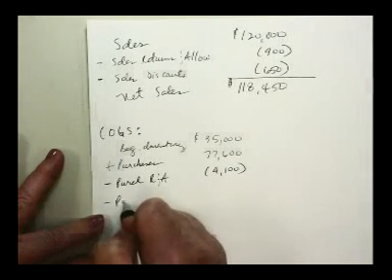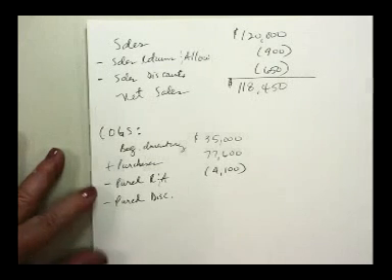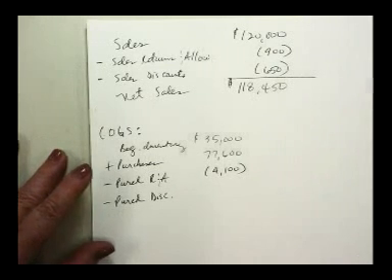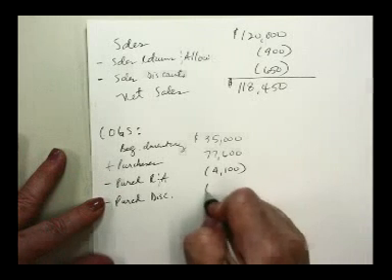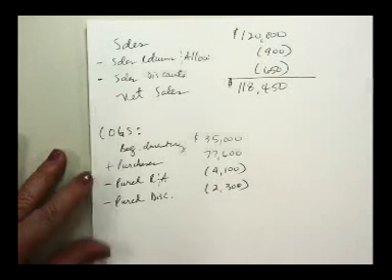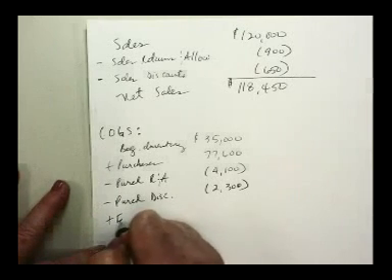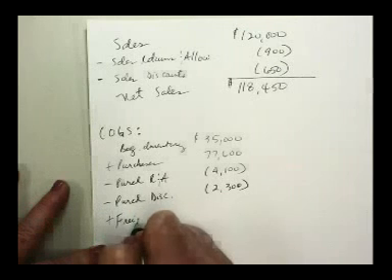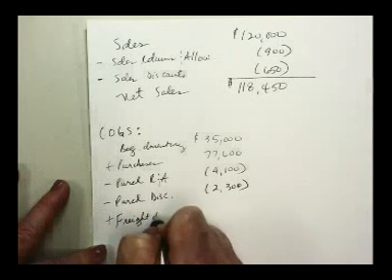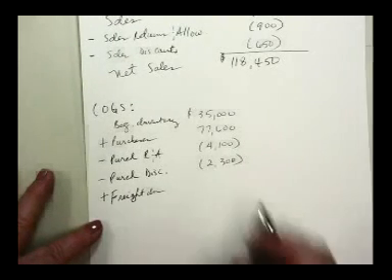We'll subtract purchase discounts, which were $2,300. And we'll add freight in, which was $1,250.